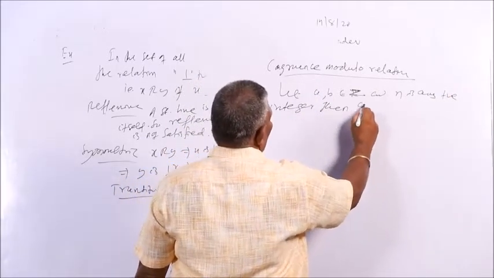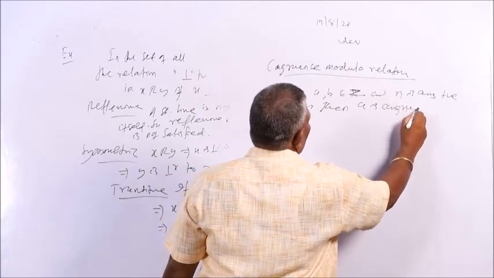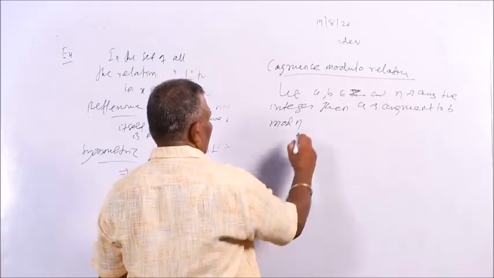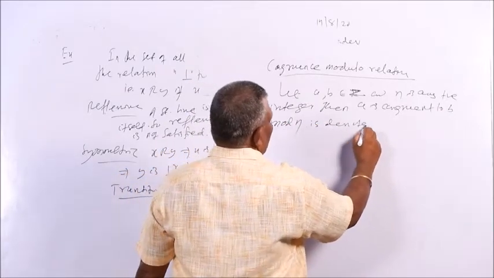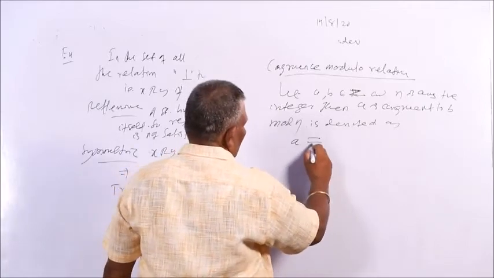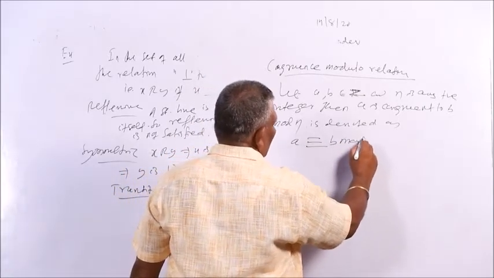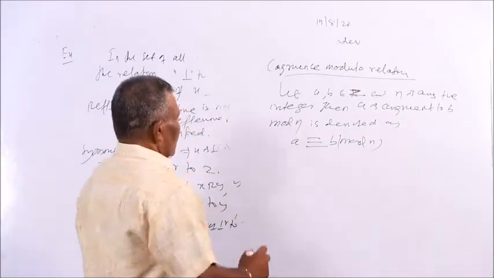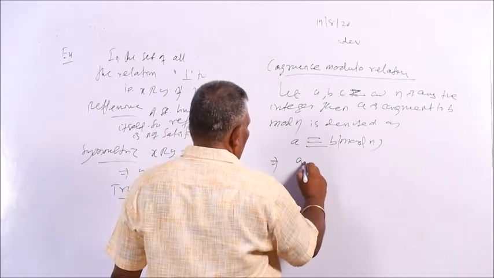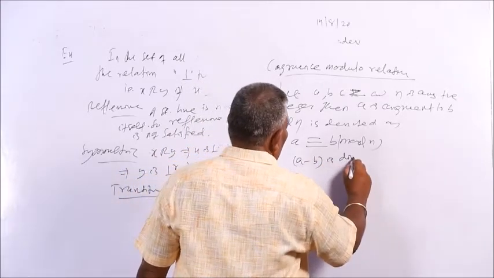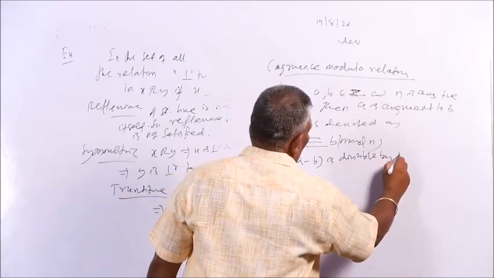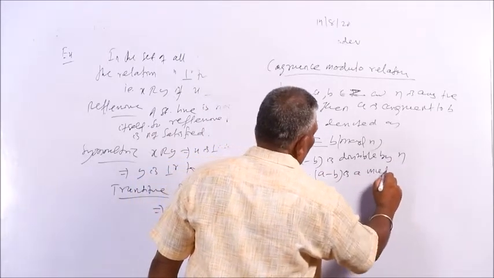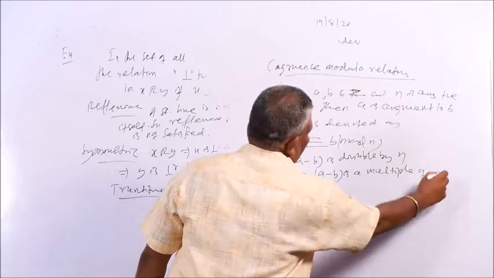Then a is congruent to b mod n, reading like this: a is congruent to b mod n, which implies a minus b is divisible by n, or a minus b is a multiple of n.